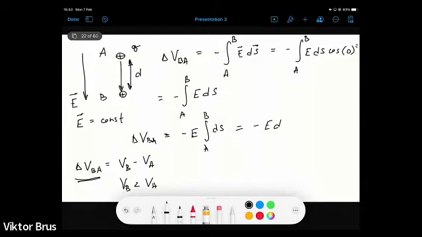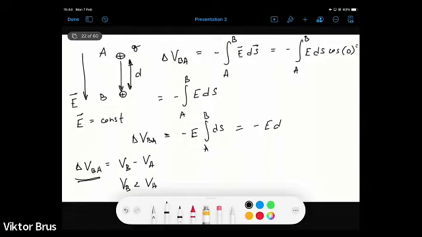So while a positive charge is moving in the direction of the field, the potential energy of this system, electric field and positive charge, will decrease as much as this charge continues to move along the field.